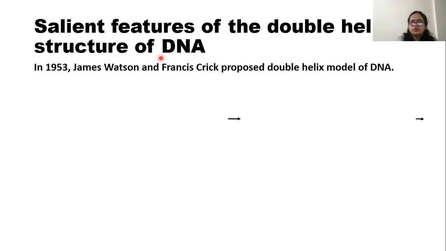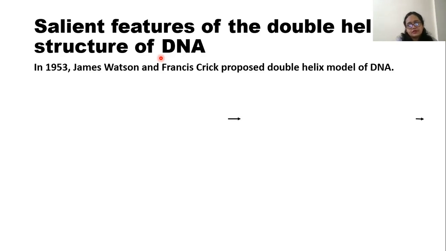Now we will study the salient features of the double helix structure of DNA. The structure which I have shown you earlier is based on some experiments or observations and the propositions given by different scientists.